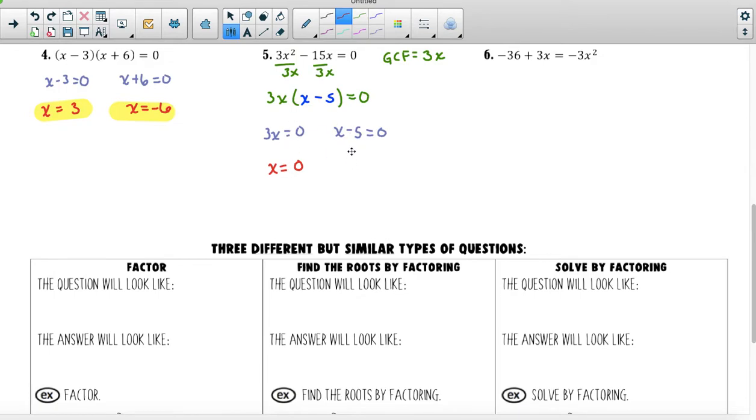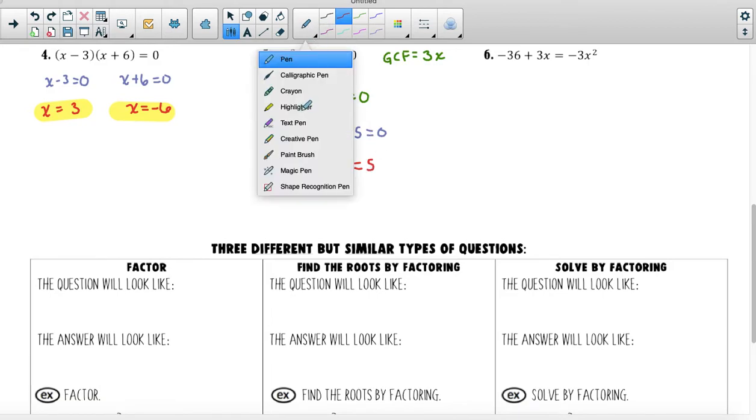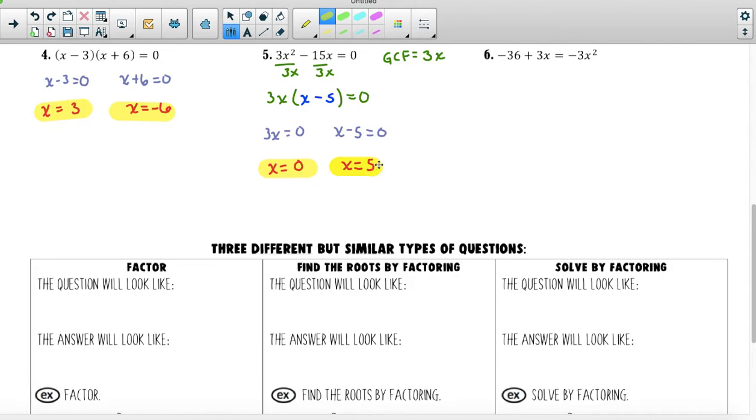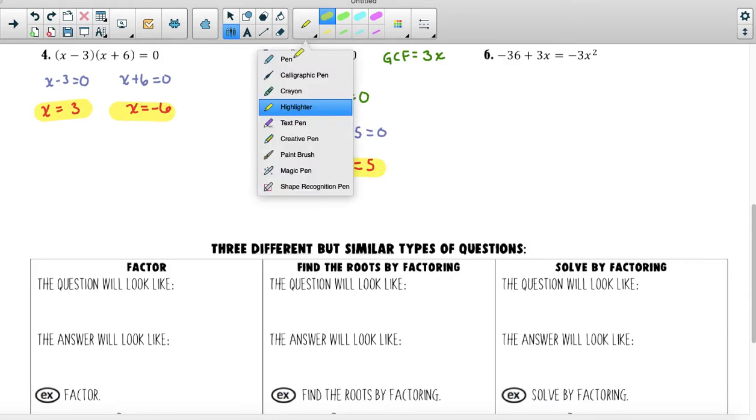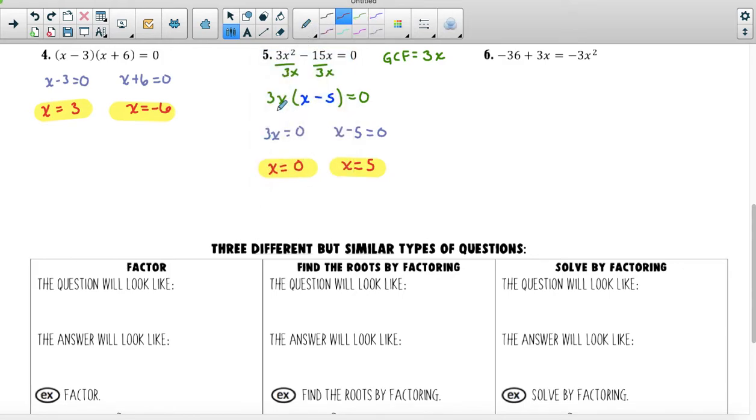On this next one, we add 5, so x is equal to positive 5. And I will note that if you have a GCF that includes the variable x, one of your solutions should be 0, because one of your x-intercepts will be 0, 0.